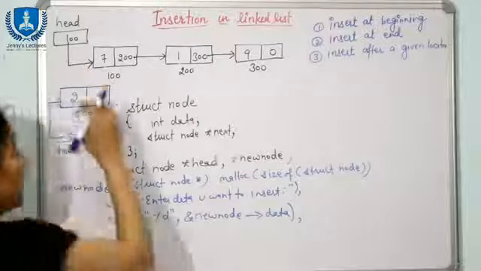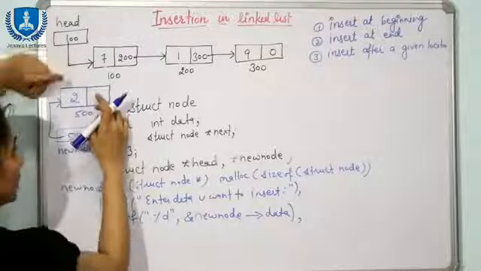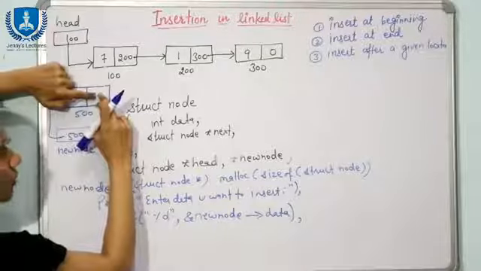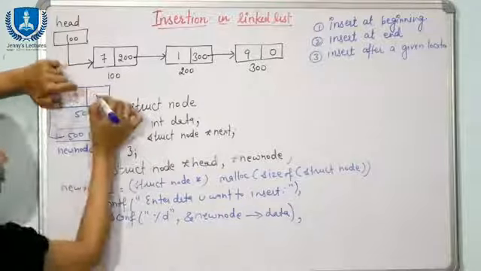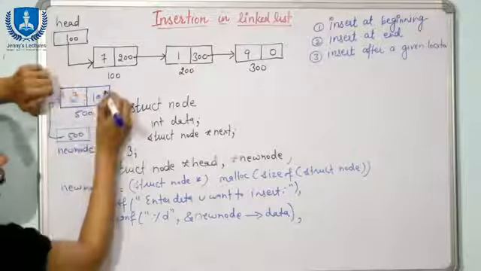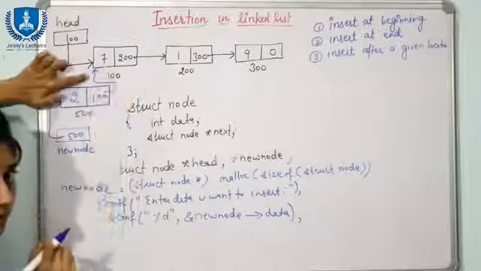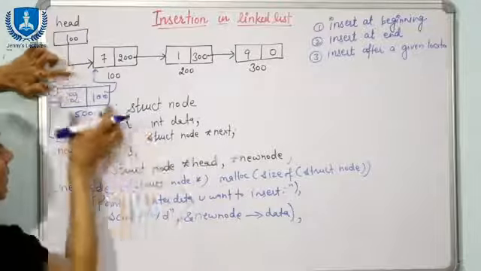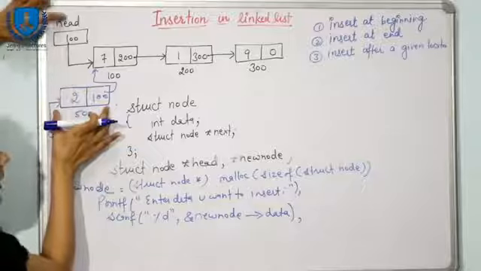Now you have to update this head pointer plus this part also. Now in this part, what you are going to insert? This 100. Fine. So 100 we are going to insert here. So now this is going to point the first node, right? Plus, now this is the first node, so address of this node should be stored in head pointer.